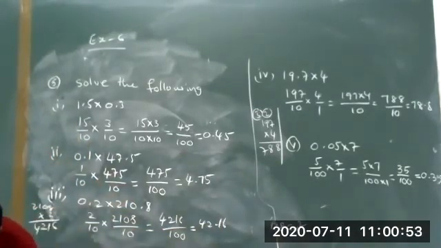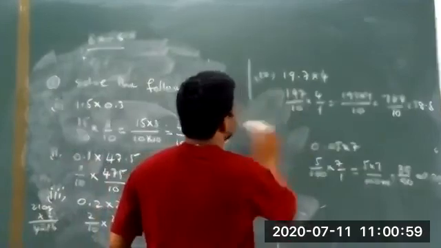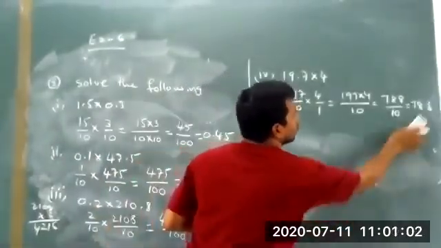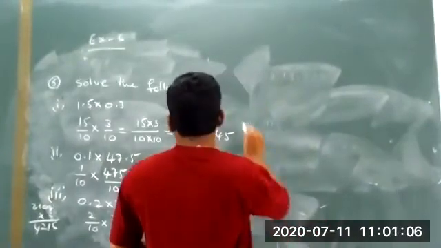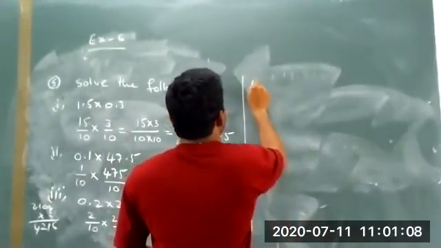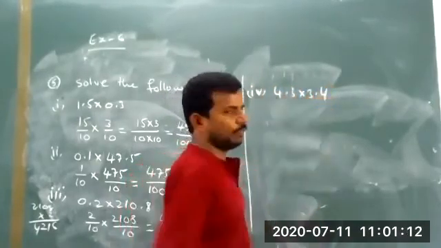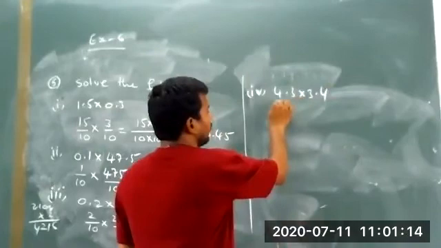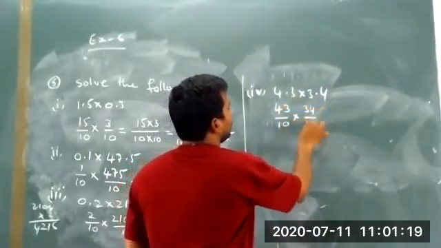Clear, children? One more problem. 4.3 into 3.4. So this is 43 by 10 into 34 by 10.